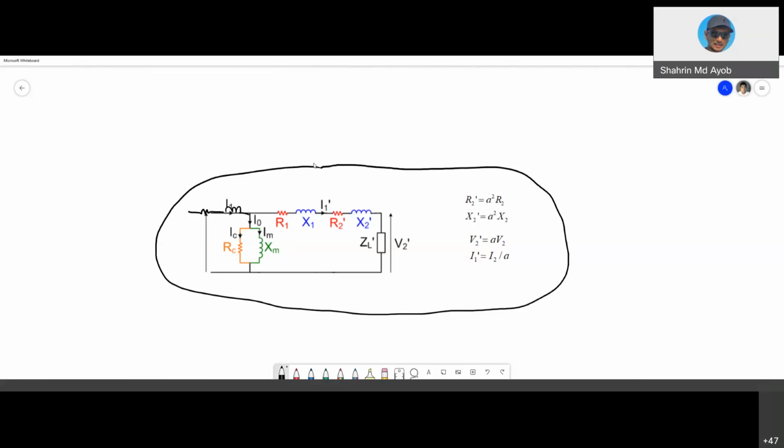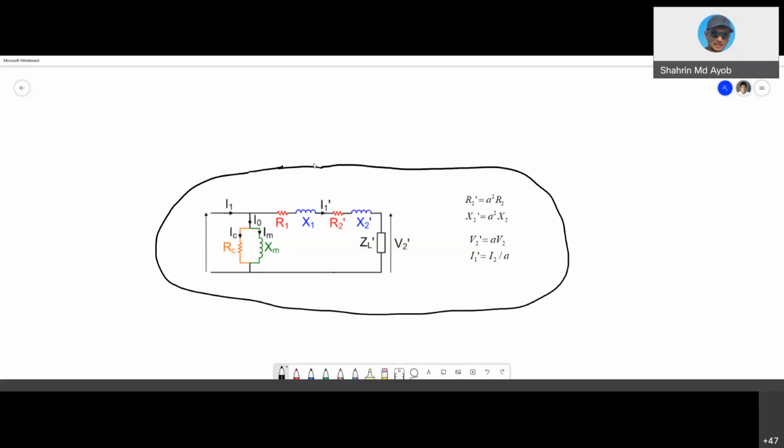But to simplify our calculation, we can shift the location of R1 and X1 to after RC and XM. Why? Because previous research has shown that the calculation error is not very significant.